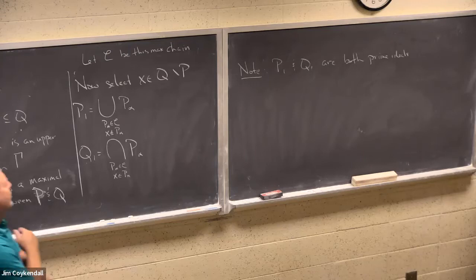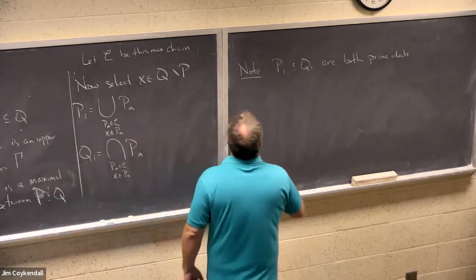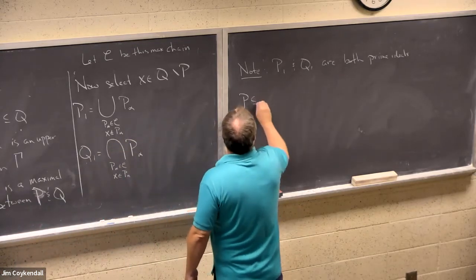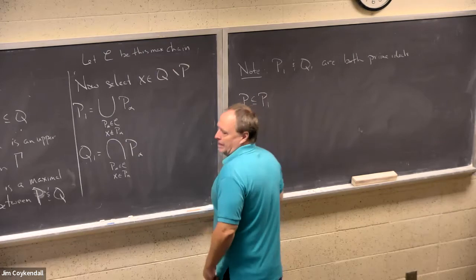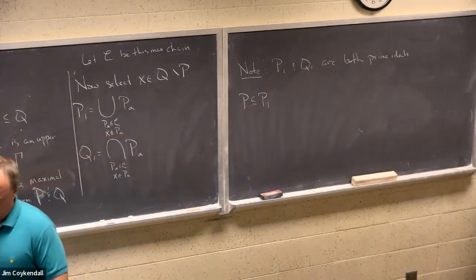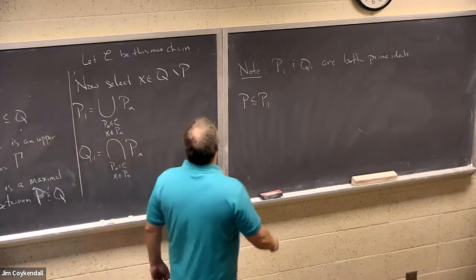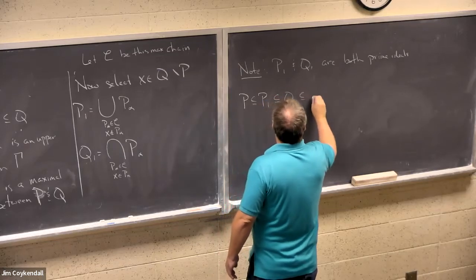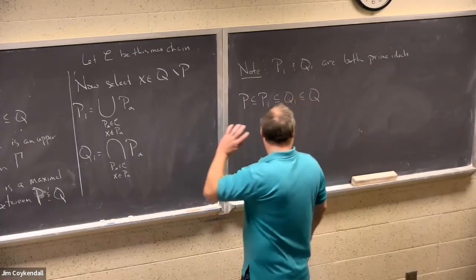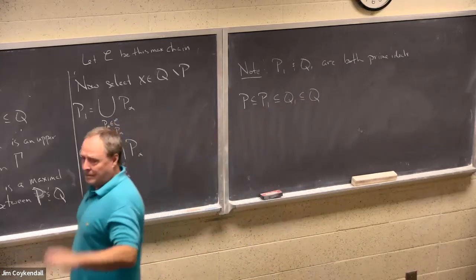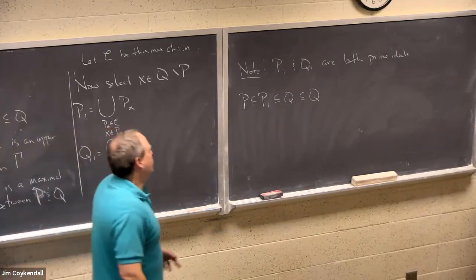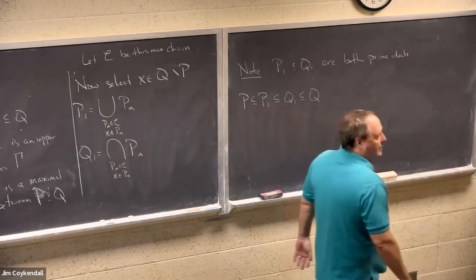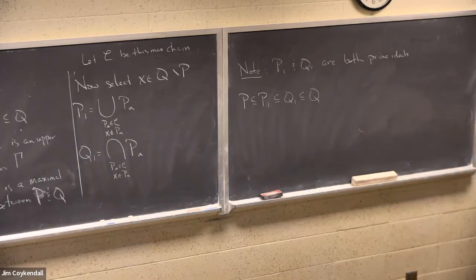And let me also point out that we know this for sure. Certainly the fact that P1 and Q1 are in between P and Q is pretty clear.